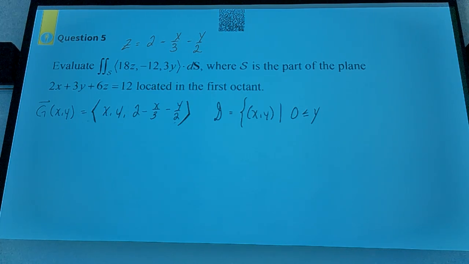If we set z equal to 0, solve for y, should be 2x over 3, 4 minus 2x over 3.